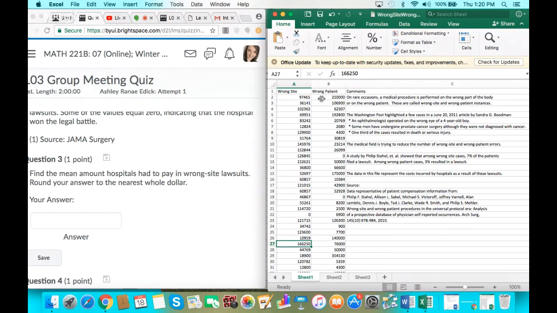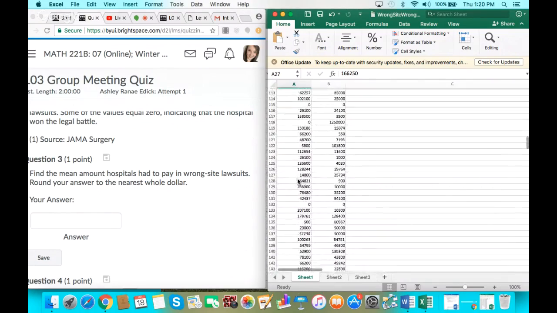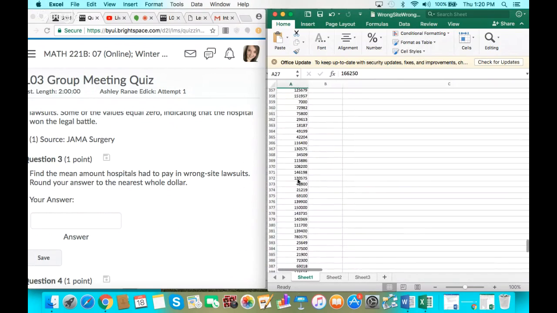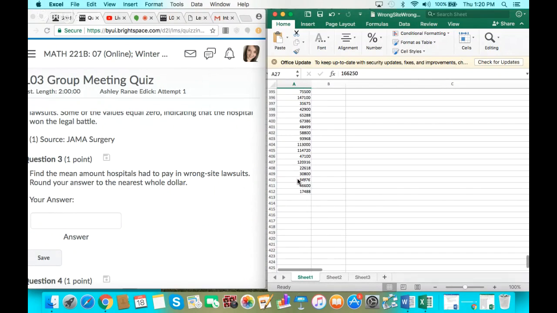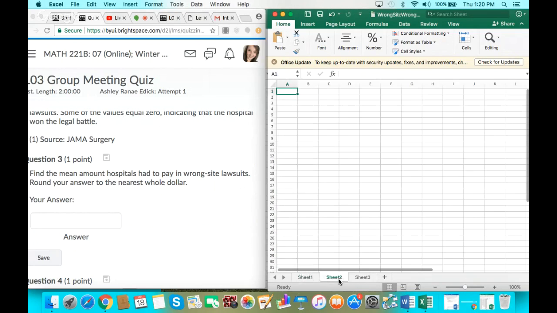So we're using these, the wrong site ones. Yeah. And we have to find the mean of all of these. Yeah. Oh my goodness. So, let's see.